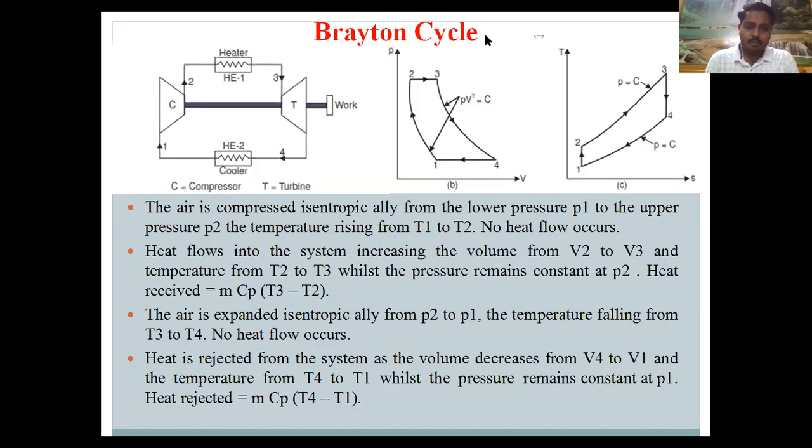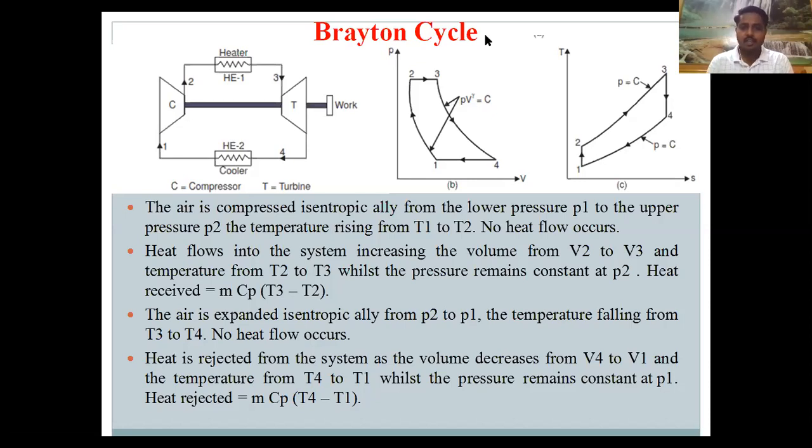Now, process 1 to 2 is our isentropic compression. In that, air is compressed isentropically from the lower pressure P1, that is our inlet pressure for the compressor, to the upper pressure P2, that is our exit pressure at the compressor.